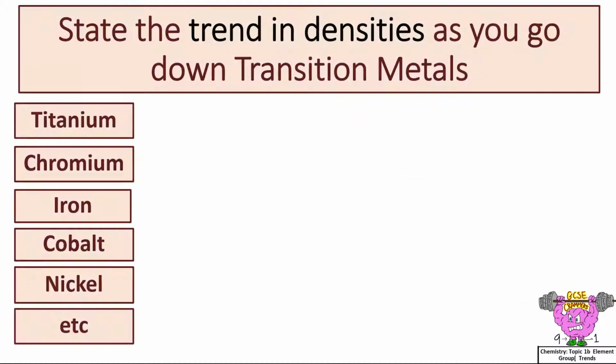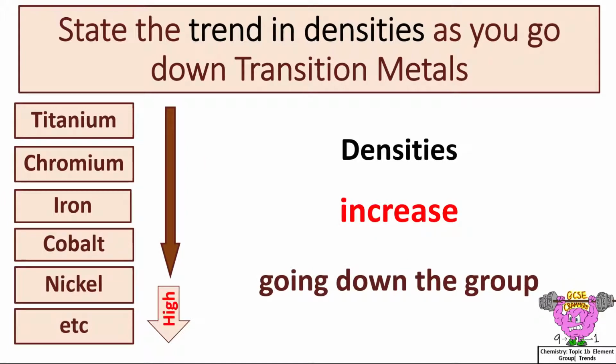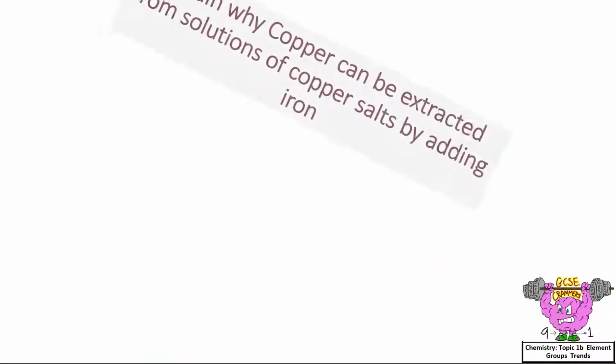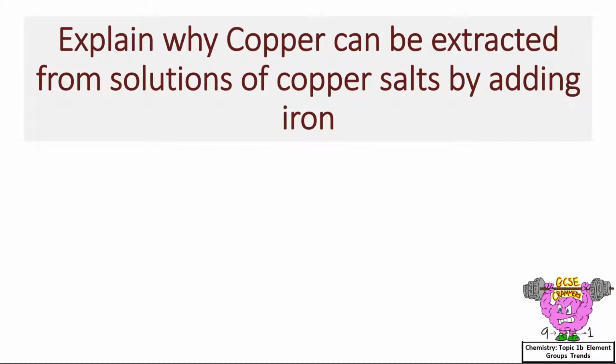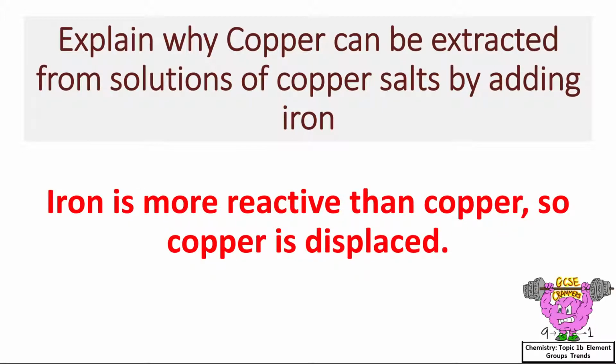State the trend in densities as you go down transition metals. Densities increase going down the group. Explain why copper can be extracted from solutions of copper salts by adding iron. Iron is more reactive than copper, so copper is displaced.